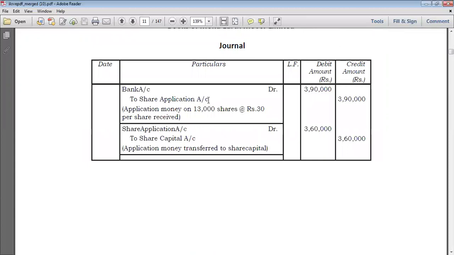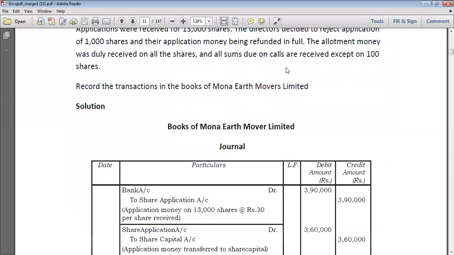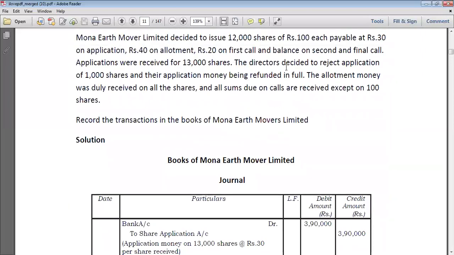Now this share application account will be transferred to the share capital account. Share application account to share capital. How much do we transfer? 12,000 multiplied by 30, because 1,000 is oversubscription and we have to return 1,000 multiplied by 30, that is 30,000 rupees, to the investors, because we are rejecting these applications.